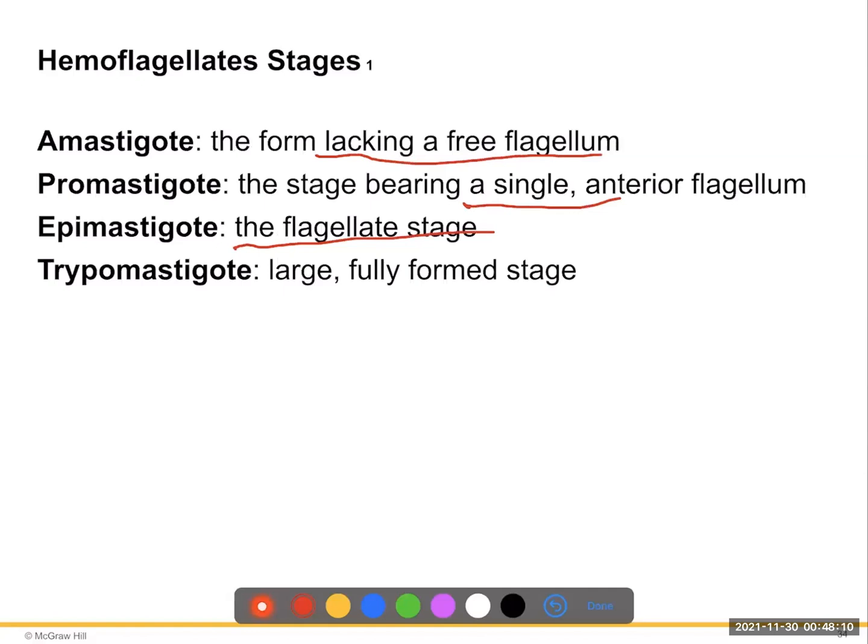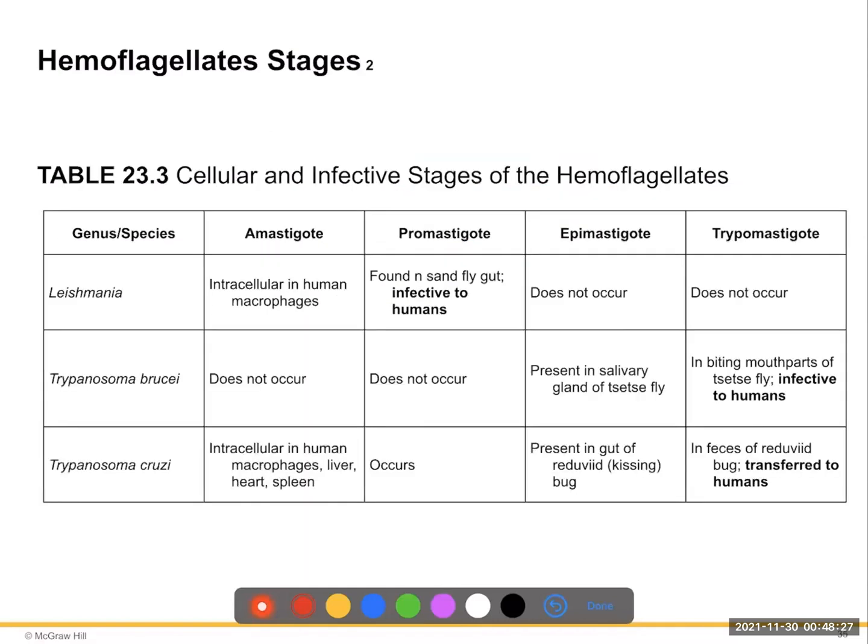And the trypomastigote is a large, fully formed stage. So those are the 4 stages of the hemoflagellates: amastigote, promastigote, epimastigote, and trypomastigote.